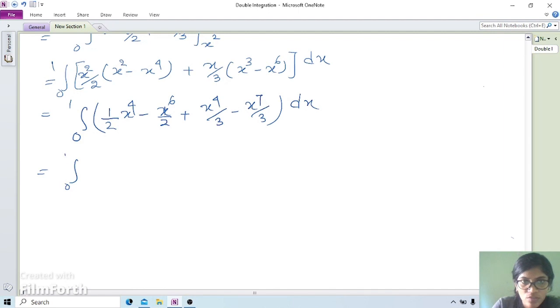Which equals, from 0 to 1, half x to the power 4 plus 1 by 3 x to the power 4. Adding these, 1 by 2 plus 1 by 3 is equal to 5 by 6.